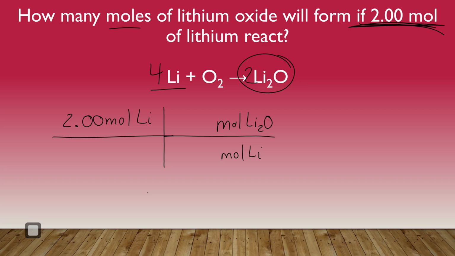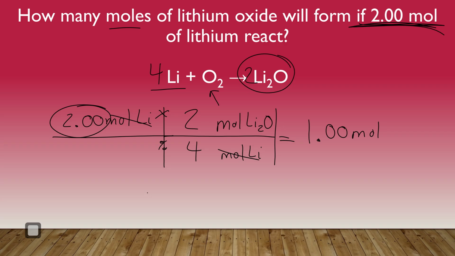In front of mole and mole together, I look at my chemical reaction. 2 is in front of Li2O, and 4 is in front of Li. I multiply everything across and I divide by everything on the bottom. So 2 times 2 is 4, divided by 4 is 1, but I need 3 sig figs, so 1.00 moles.